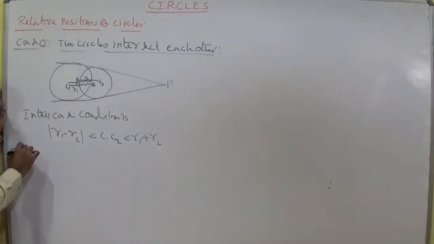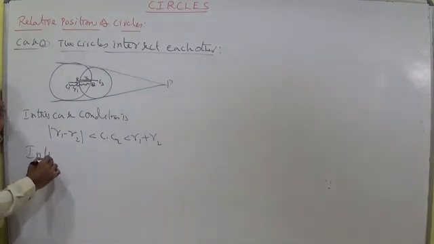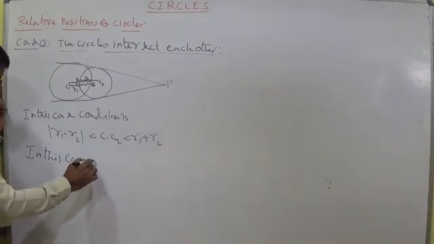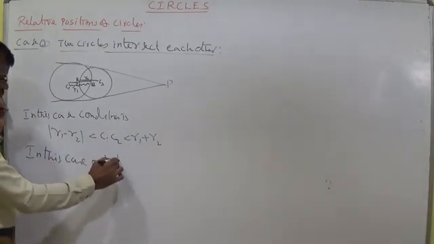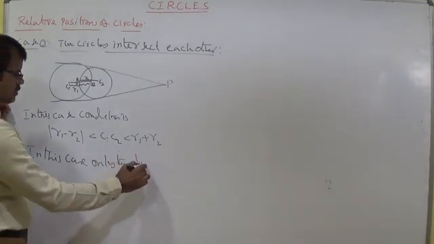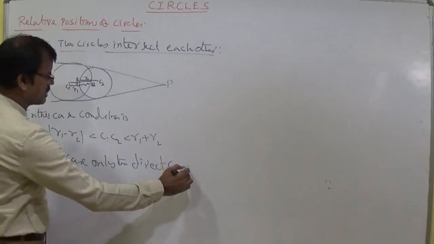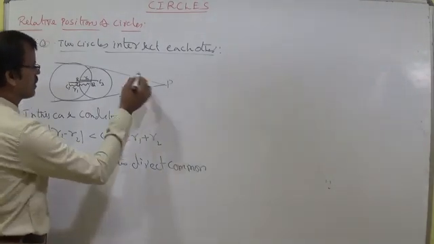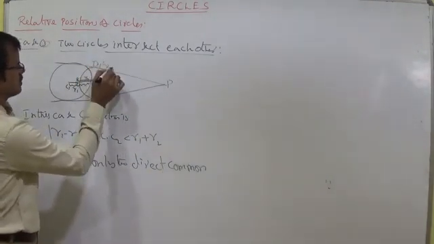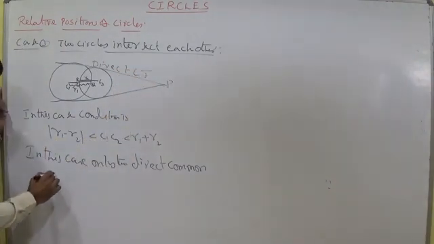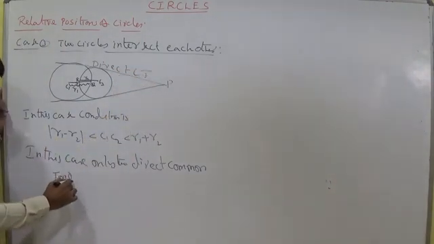Now in this case only two direct common tangents can be drawn. These are not transverse common tangents. These are direct common tangents. Only two direct common tangents can be drawn.